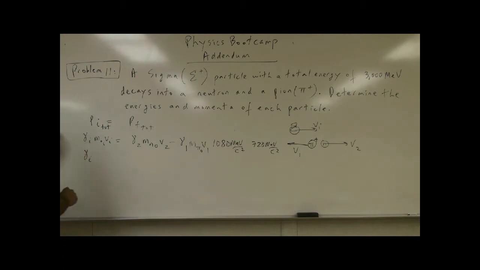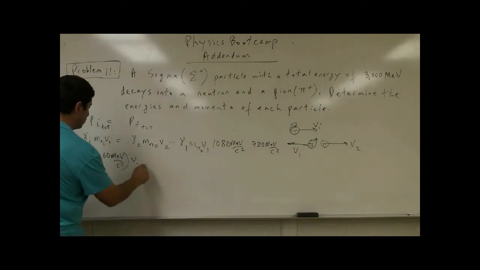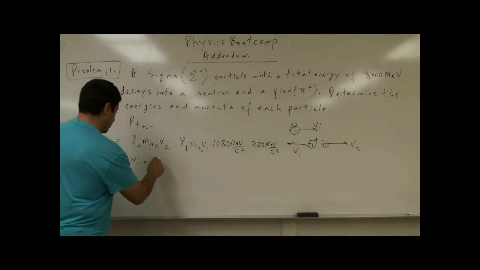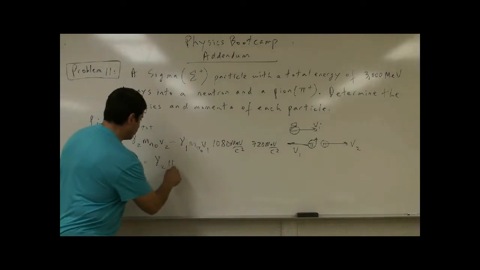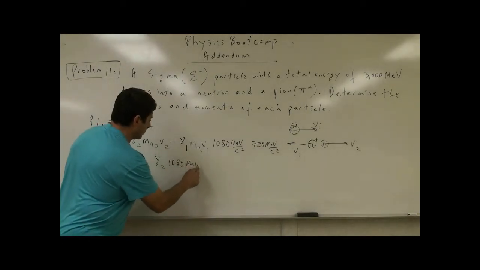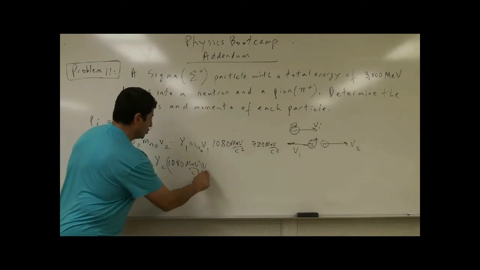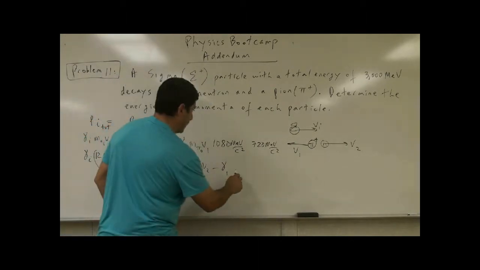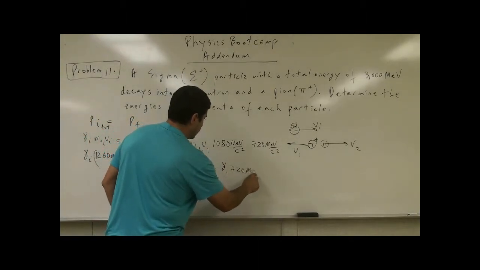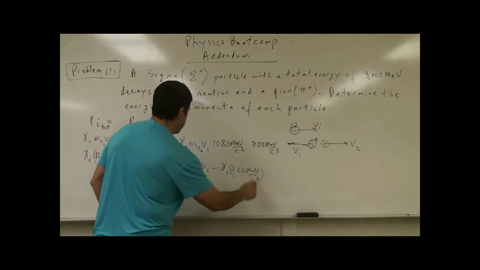The rest mass of the sigma was 1260 mega electron volts divided by c squared, times v initial. Gamma 2 we don't know, and the mass of the neutron was 1080 mega electron volts per c squared, times v2, minus gamma 1, which we don't know, and the mass of the pion, 720 mega electron volts over c squared, times v1.